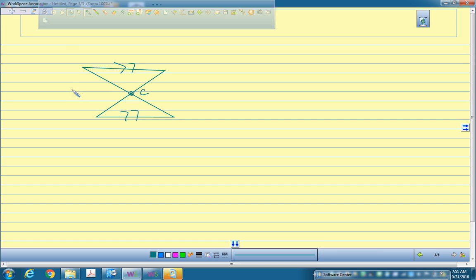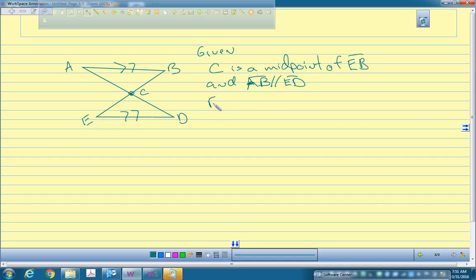And this is A, B, D, E. Given: C is a midpoint of EB, and AB is parallel to ED. Prove: C is a midpoint of AD.